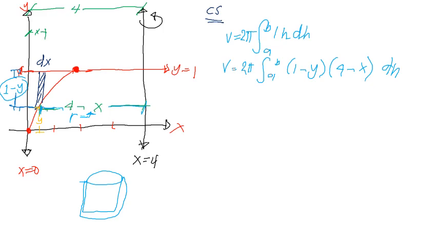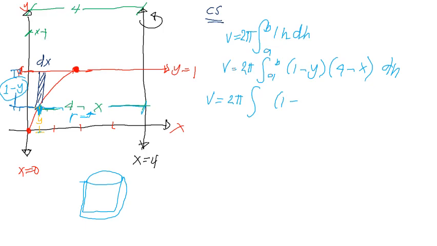So volume is equal to 2 pi integration of 1 minus y. Your y is the y value of your parabola. As you can see here, this is y. It's from the x-axis to the bottom part of your strip, which is the curve.